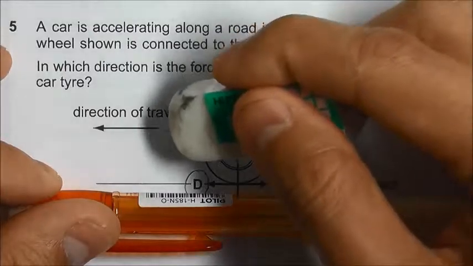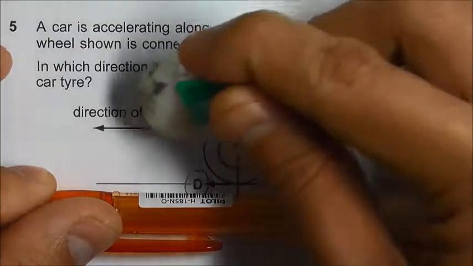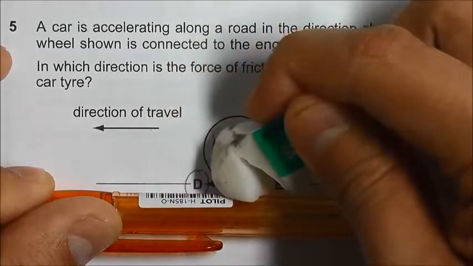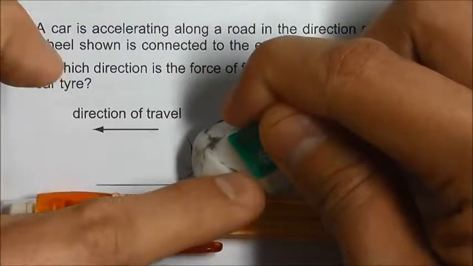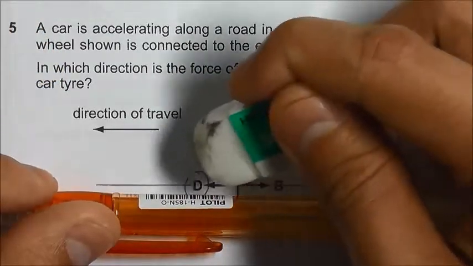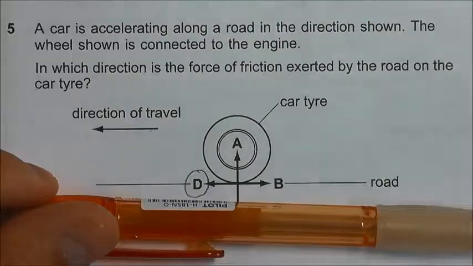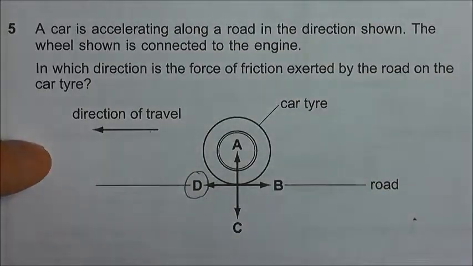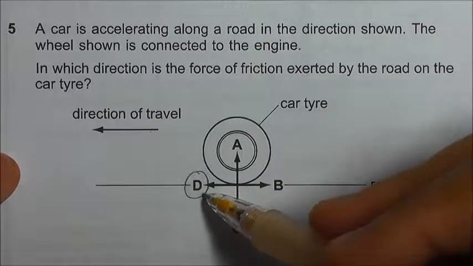As it rotates and brushes against the ground, you see what is happening? There is a force that pushes the eraser this way to the left, and this is the frictional force. So we can say that the frictional force is in the same direction as the direction of travel, which is indicated by D.